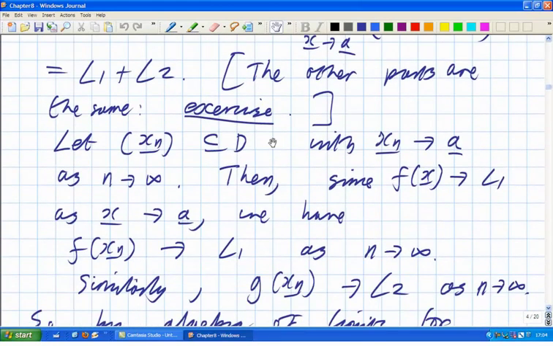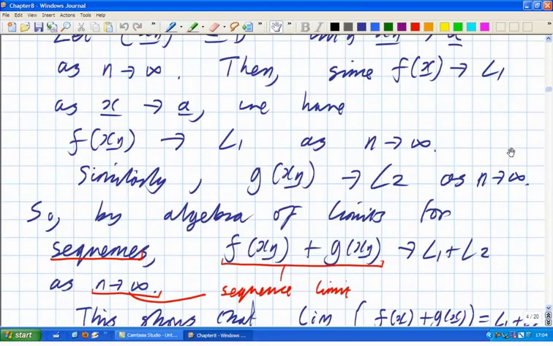We took any old sequence in D that converged to a, and we noticed that because f of xn gave you a sequence of values tending to L1, and g of xn gave you a sequence of values tending to L2, then by the usual algebra of limits for sequences, the sum of those two gave you a sequence tending to L1 plus L2. Real numbers, those.